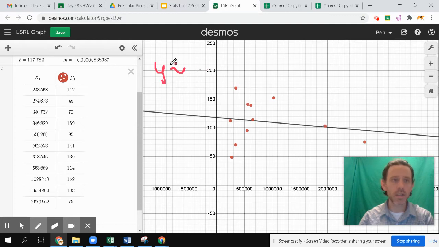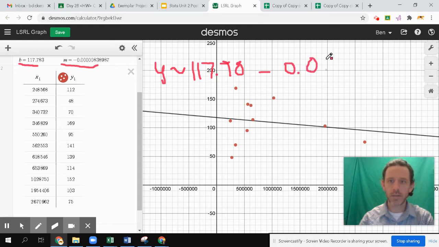You can use 2 squiggle lines, equals the y-intercept, which is 117.78, and then minus 0.000008 times x. That's the equation of your line.